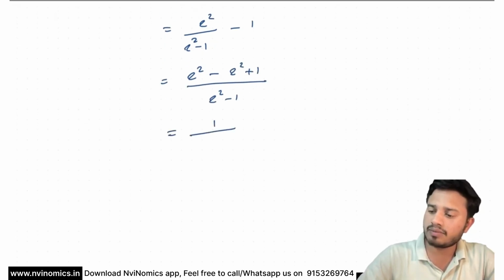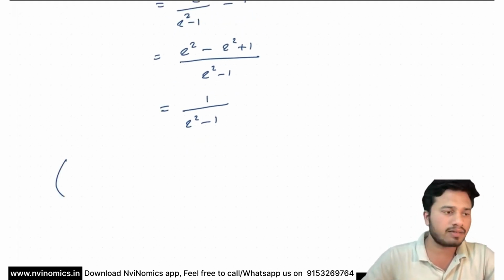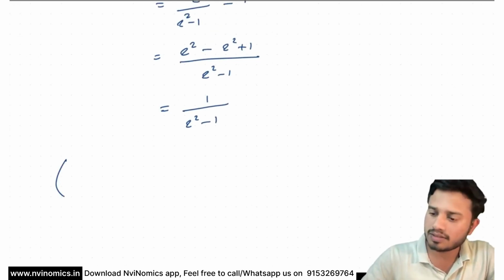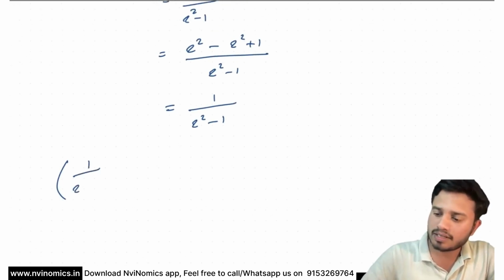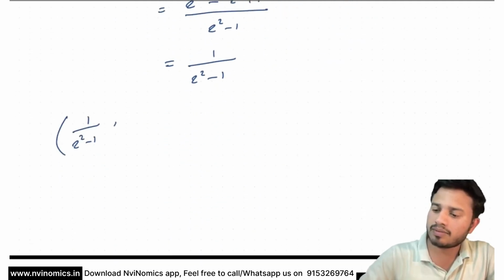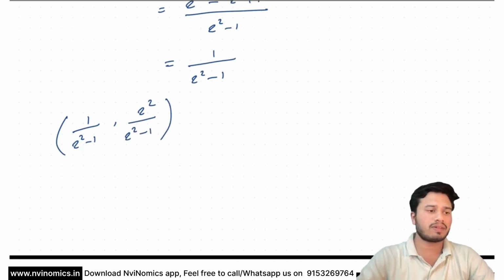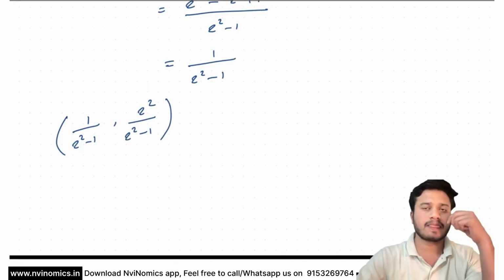So it will be 1 divided by e square minus 1. So our critical values are x equals 1 divided by e square minus 1 and y is e square divided by e square minus 1.